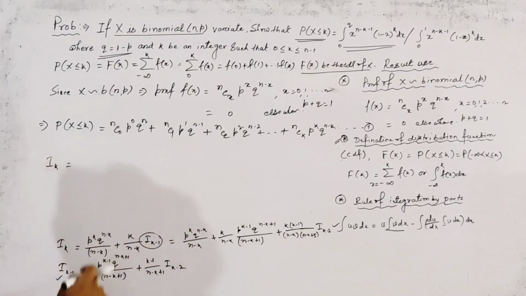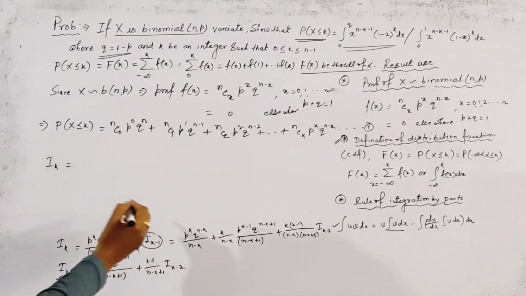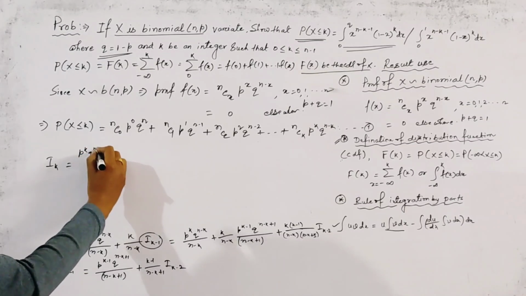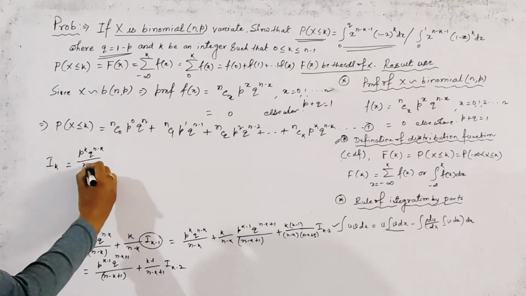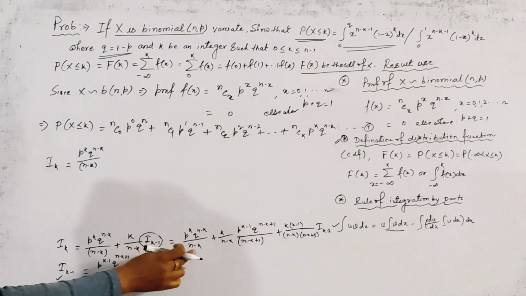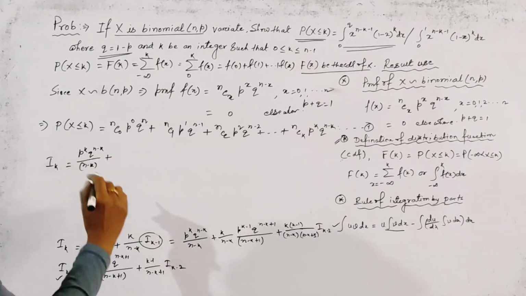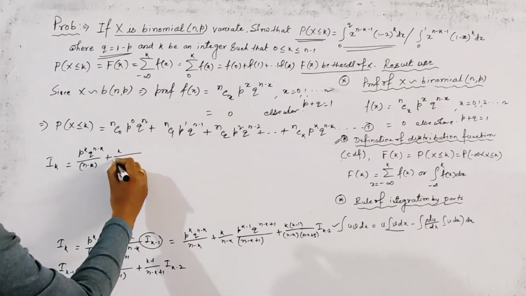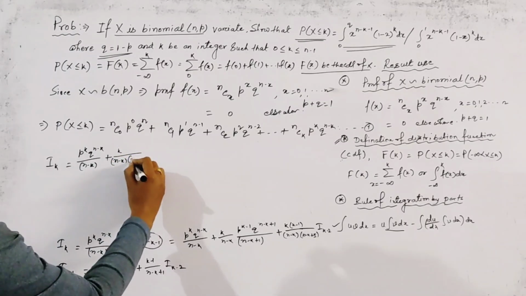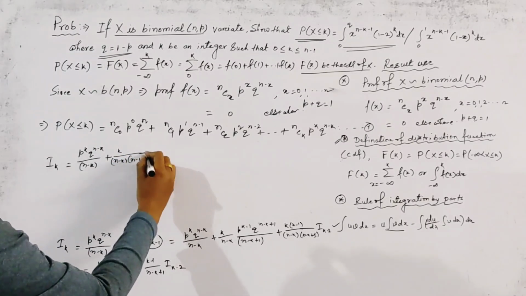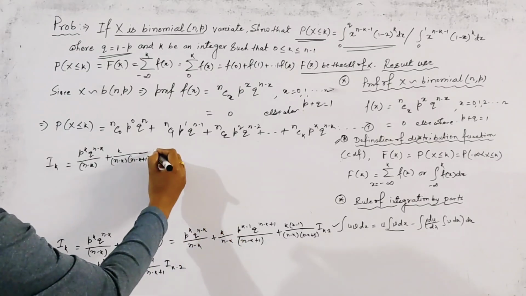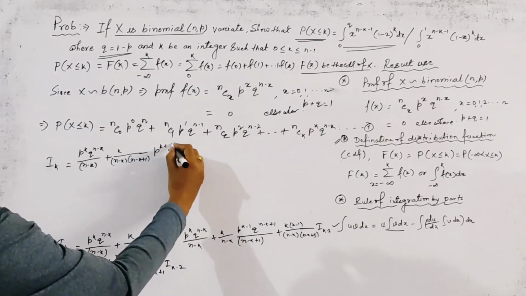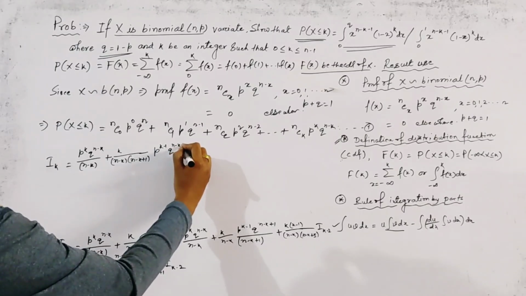Okay, and we get the recurrence relation as p to the power k q to the power n minus k by n minus k, this is the first term as here, plus the second term is given by k by n minus k into n minus k plus 1 into p to the power k minus 1 into q to the power n minus k plus 1.